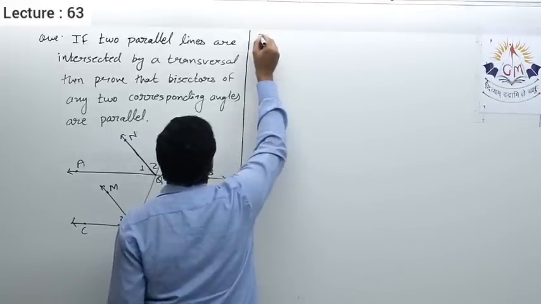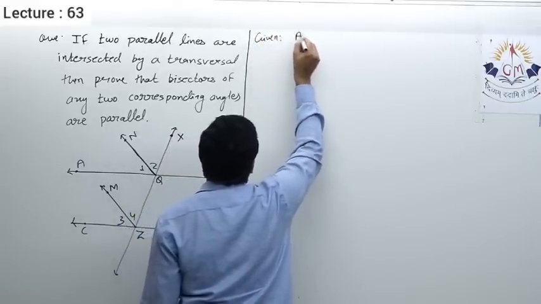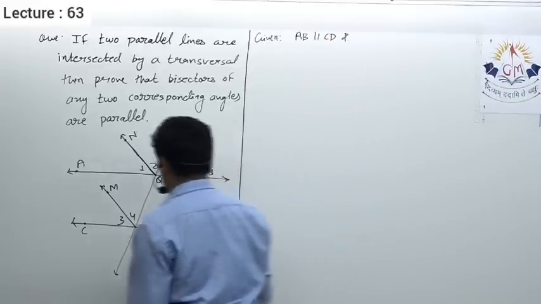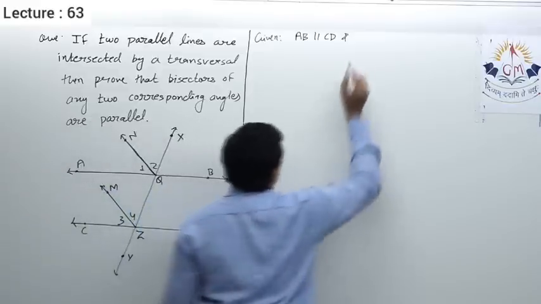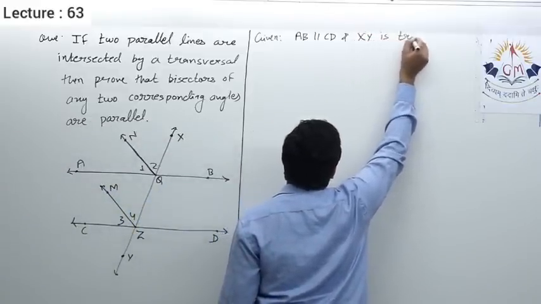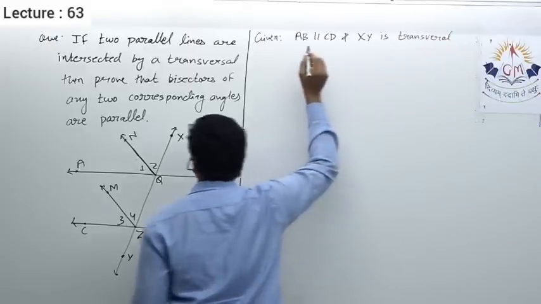Okay, so we are given AB parallel CD and let the transversal be named XY.